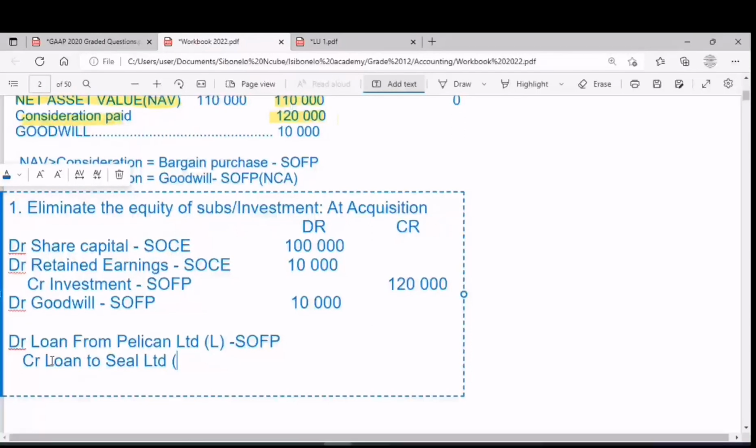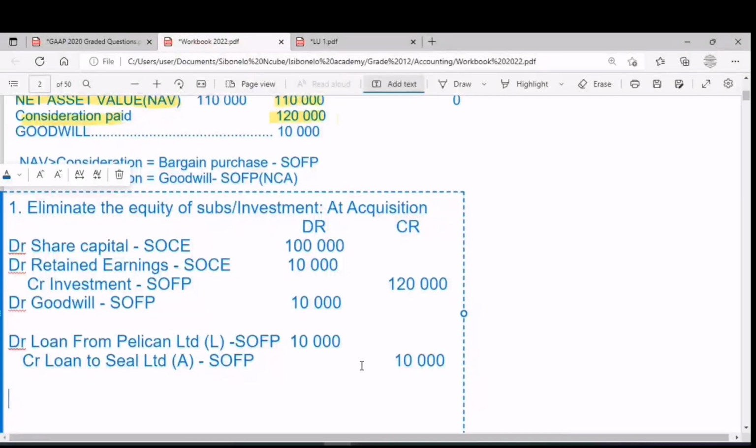Because we credit, we recognize the asset leaving. The asset affects the statement of financial position. So 10,000 and 10,000.